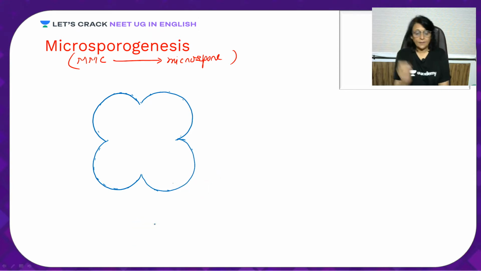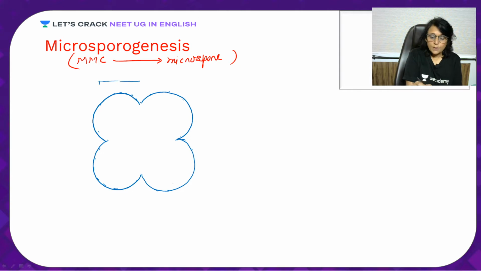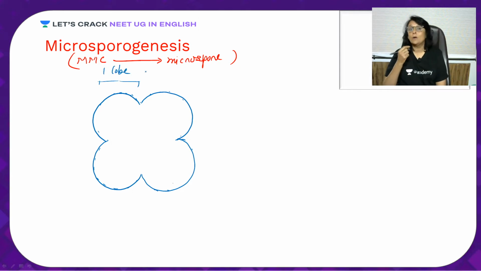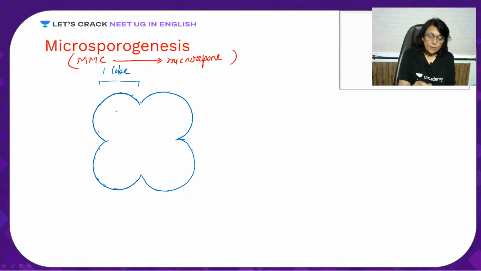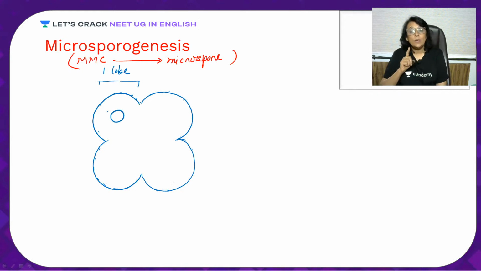This is our anther and we know this is one lobe. So bilobed or dithecous anther is what we are talking about. And you remember we made a sac-like structure here. So now we will make all the changes inside this one diagram.